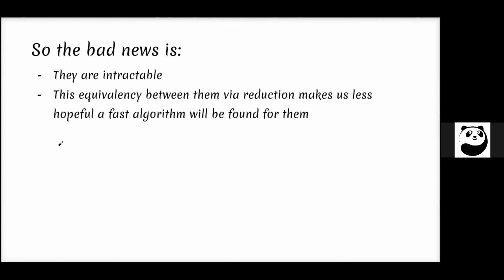This equivalency between them via reduction makes us less hopeful that an algorithm will be found, because the implication will be huge. But also the fact that thousands of people have been trying to solve different problems that are the same at heart, but have not been able to, makes us believe that there is something fundamental and unique about these problems.